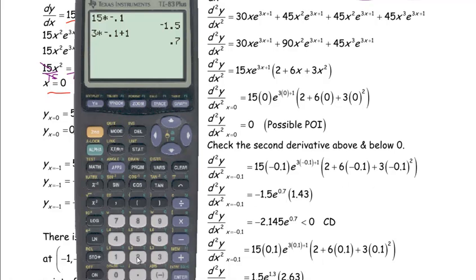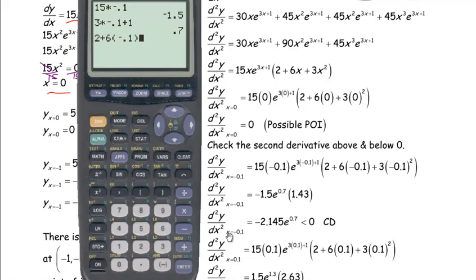And at the end here, plus 6 times negative 0.1 plus 3, so we need to evaluate this whole thing, negative 0.1 squared. That's where the 1.43 comes in. 15 times the negative 0.1 is why there's a negative 1.5 at the beginning. So it's negative 1.5 e to the 0.7, times the 1.43.